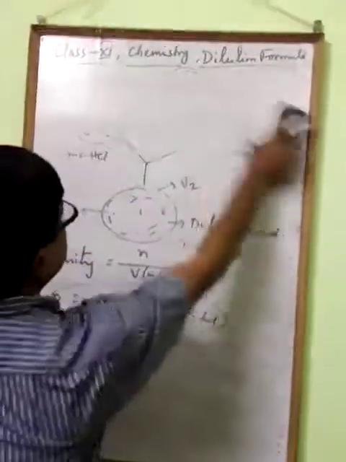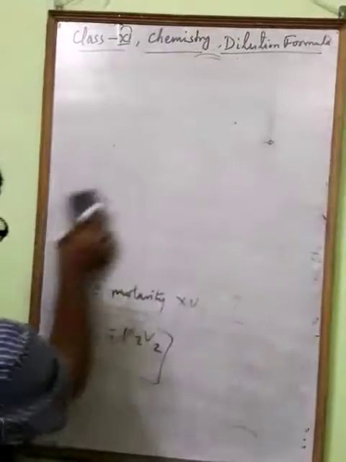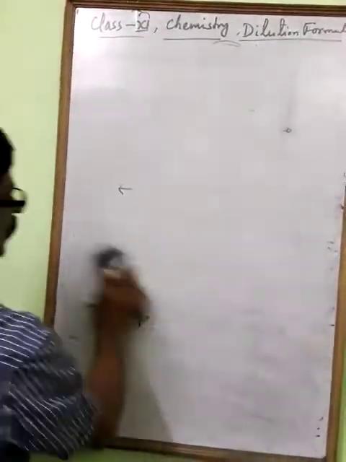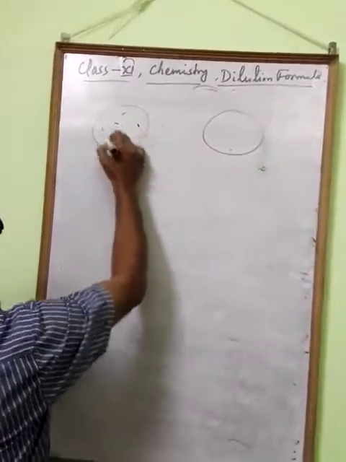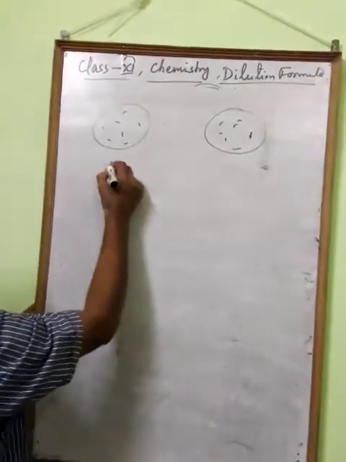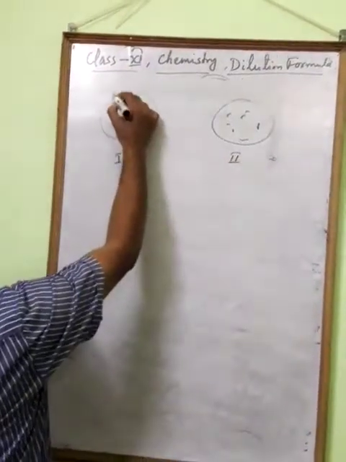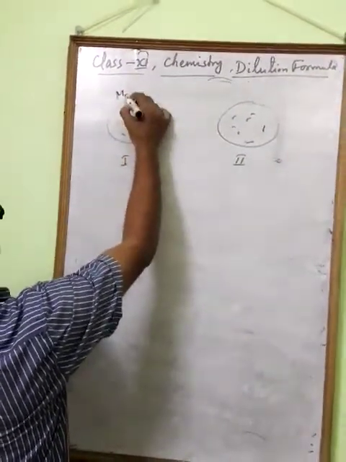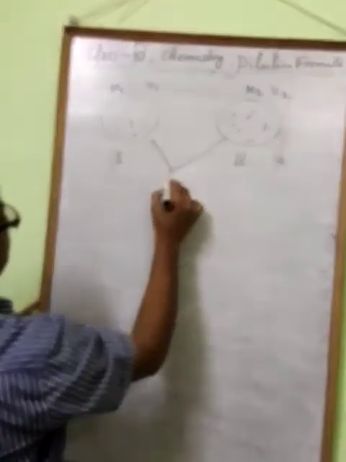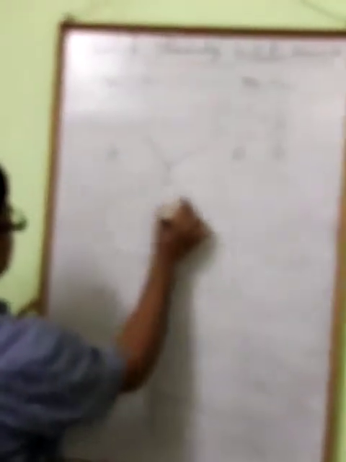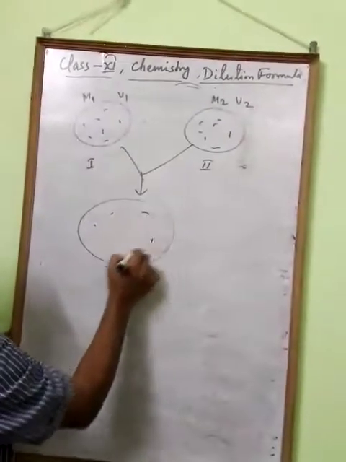Now another issue. Suppose there are two types of solutions, solution 1 and solution 2. Here the strength is M1, volume V1. Here the strength is M2, volume V2.